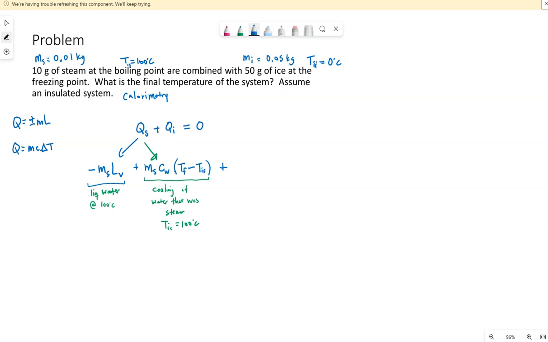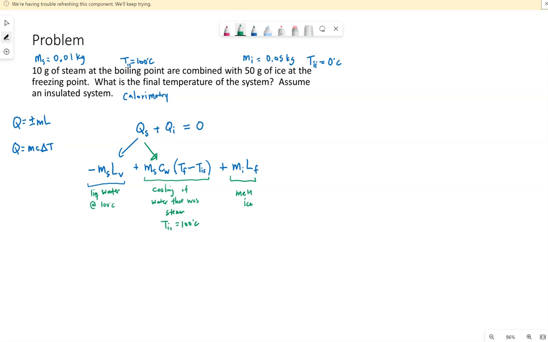Similarly, the ice, we have ice, so solid, at the freezing point. So we need to account for the energy needed to melt the ice. So the mass of the ice times the latent heat of fusion, because L sub F is for the solid to liquid phase change.